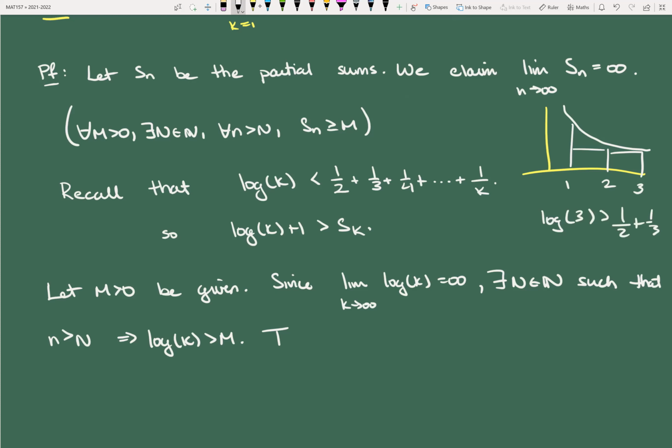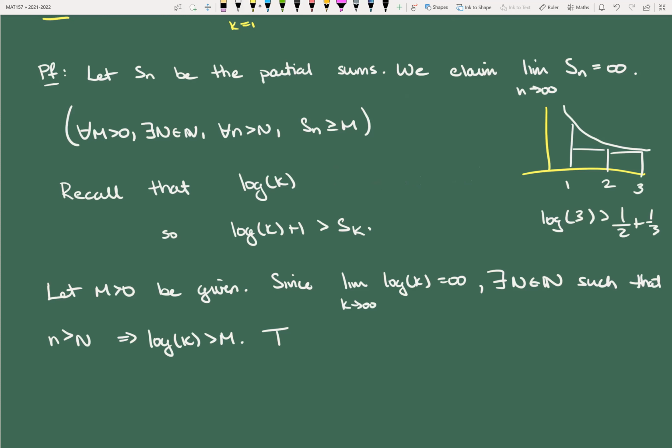Did I use the wrong one? Because I want that Sk is actually bigger than this. Okay, so I used the wrong one then, right? Because I need the other direction. I'm trying to show that Sk is bigger than log k. So the other one was actually, sorry about this.